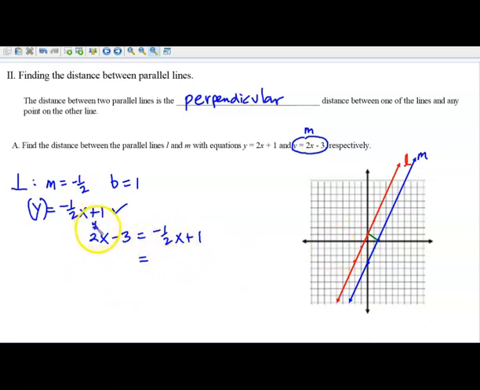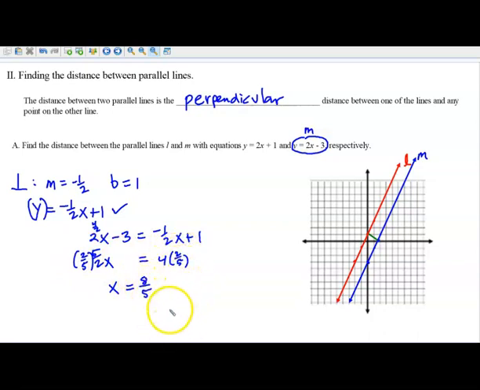So again, this is 4/2 plus 1/2, that's 5/2 x. And then I'll just go ahead and add 3 to both sides, so that's 4. All right, and then I'm going to multiply by 2/5 on both sides. And when I do that, I get 8/5.